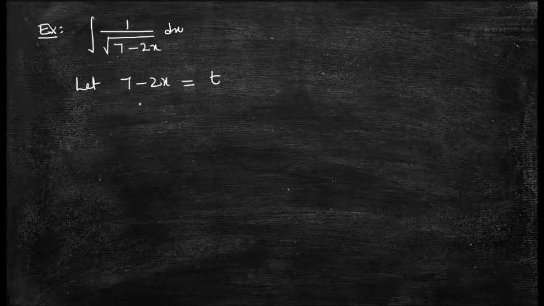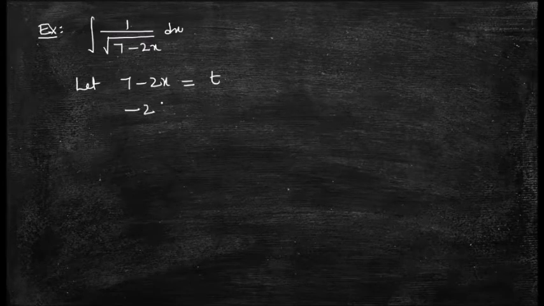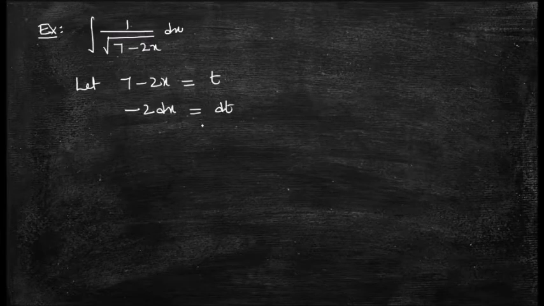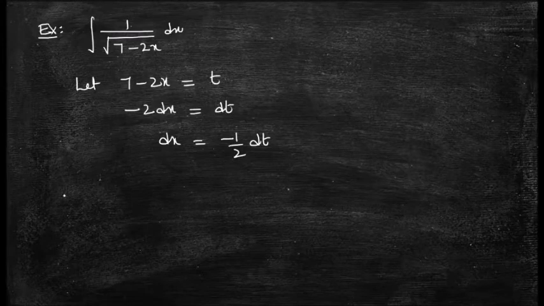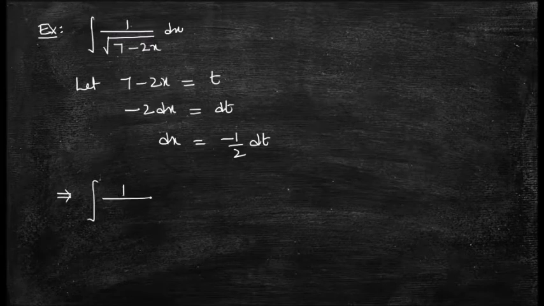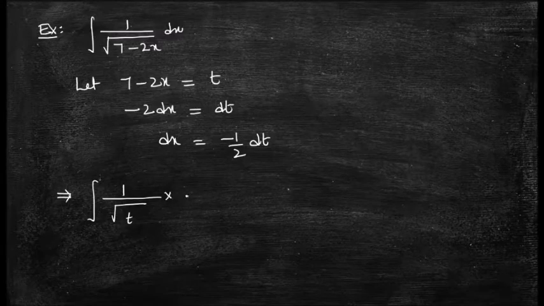Now on differentiating, minus 2 dx is equal to dt. dx is equal to minus 1 by 2 dt. Now I am replacing all these things in the problem. Integration of 1 by under root of t into minus 1 by 2 dt.